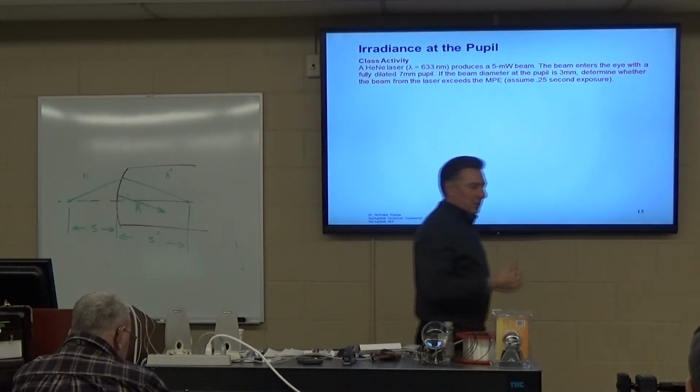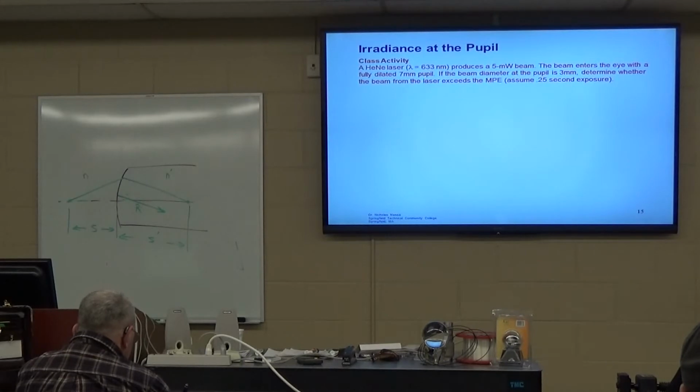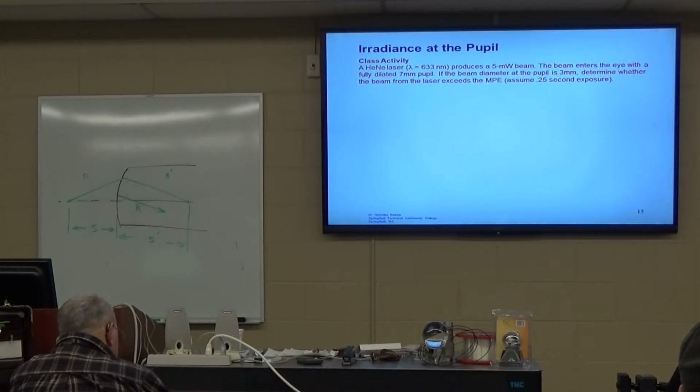So in this problem, what are we going to use as the beam diameter? 3 millimeters, right? Because it's all getting in the eye. So calculate the irradiance, power divided by area, for the situation, and tell me if it exceeds the maximum permissible exposure. If you can do this problem, then you'll more than likely be able to do this on the next quiz.